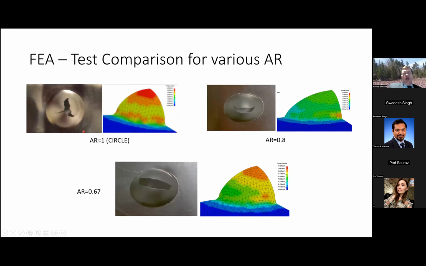While we were using some of the elliptical dies, we wanted to see why this strain is moving down the bulge. And so we did some FEA models. Here's the circular die. Here's an elliptical die with a slightly lower aspect ratio.